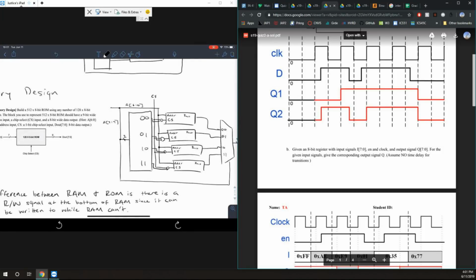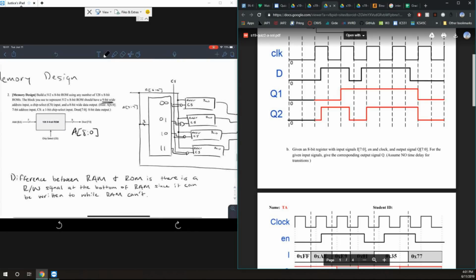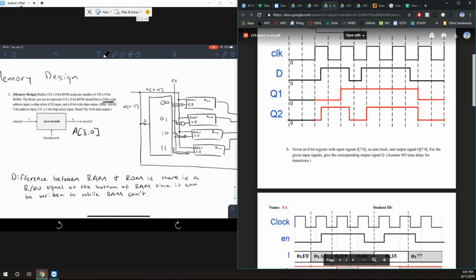It also tells us it should have a 9-bit wide address, so our address is going to be bits 8 to 0. But the 128 by 8 only takes in bits 6 to 0, a 7-bit address. We're going to have to do something with those other 2 bits, right?